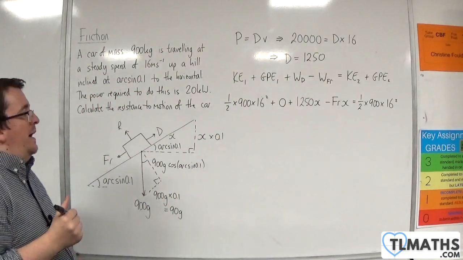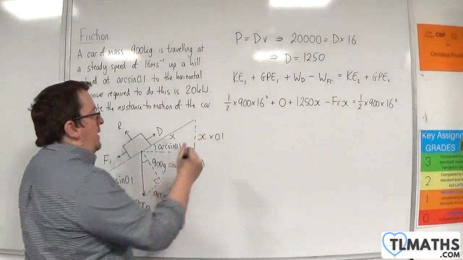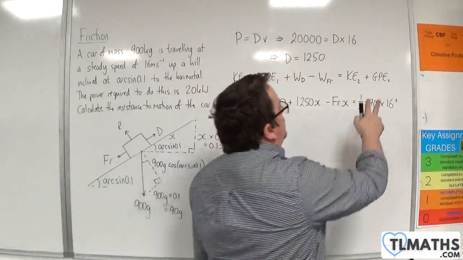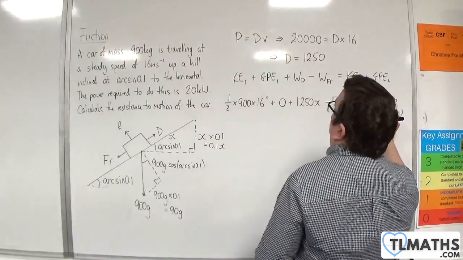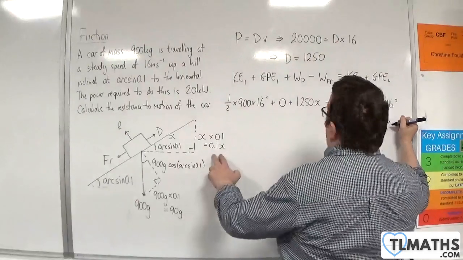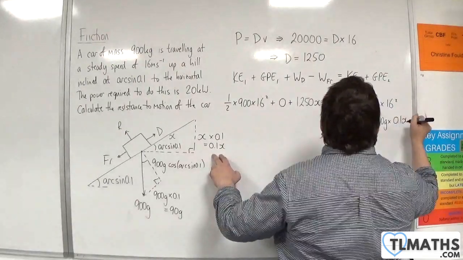So that is the height, 0.1 times x. So our gravitational potential energy will be plus m, 900, times g, times by h, which is 0.1x.